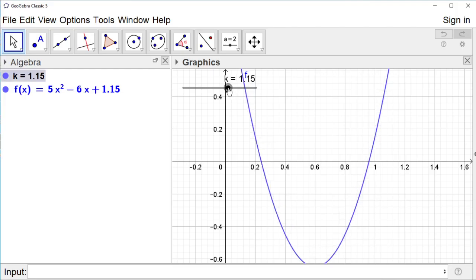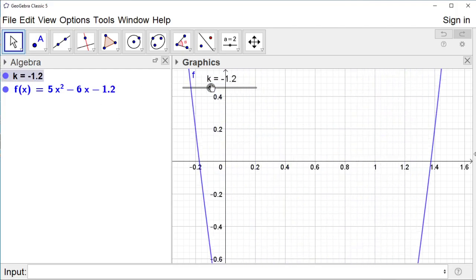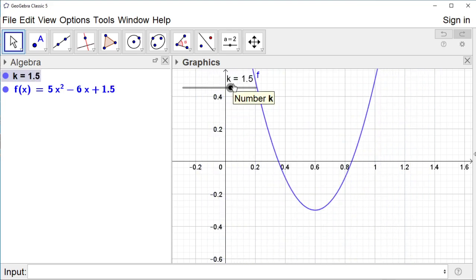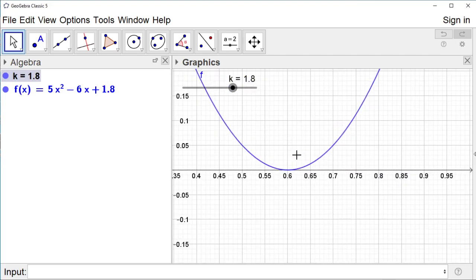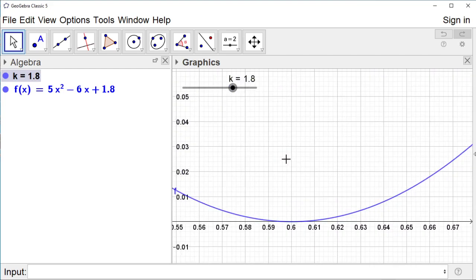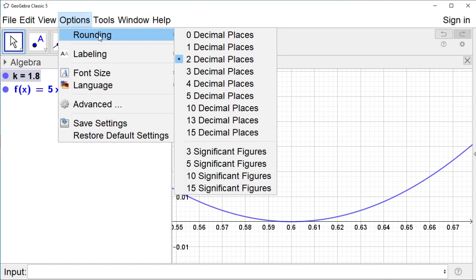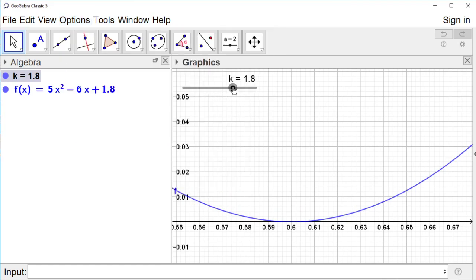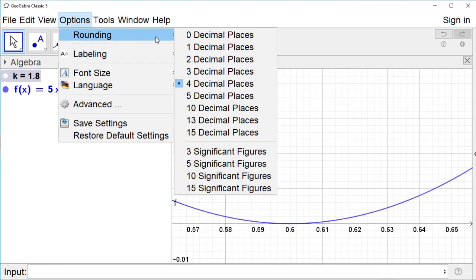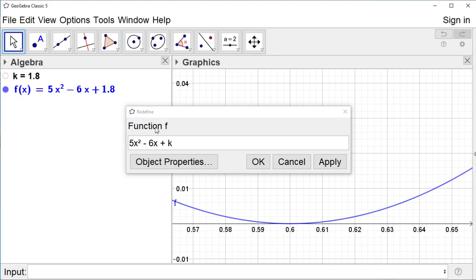All right. So if k is down here anywhere, it's too small. If I make k the perfect number, it happens right here at 1.8.